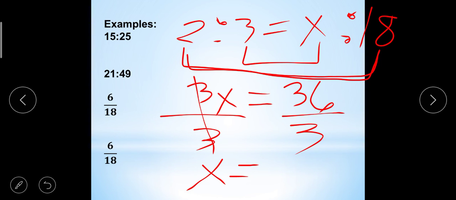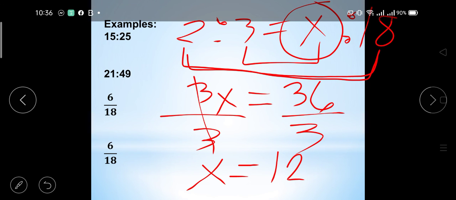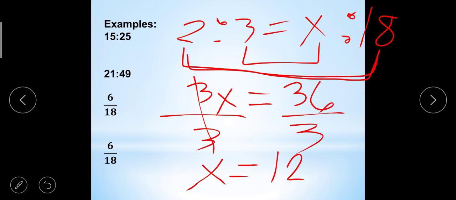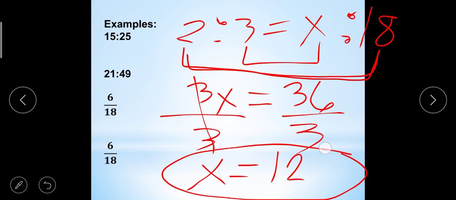Kulang ka ng isa. So, it's 12. So, 36 divided by 3 is 12. So, ibig sabihin, since blue cover yung wala tayo, that means, yung books with blue cover are 12. So, 12 books yung may blue cover and then 18 books yung may red cover.